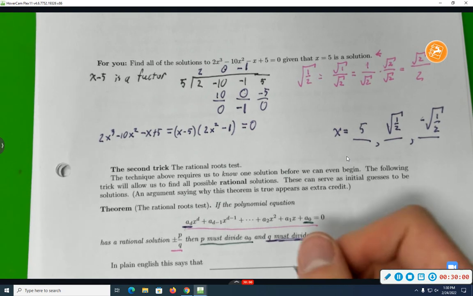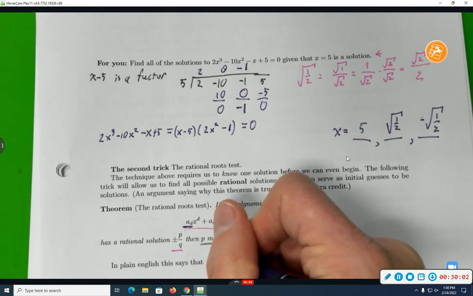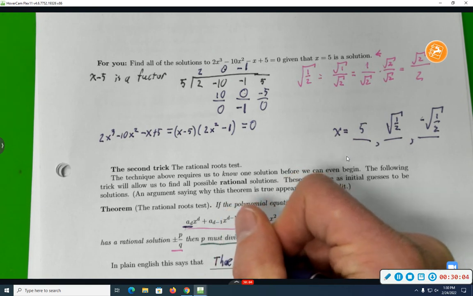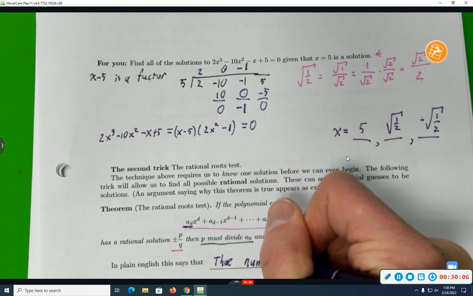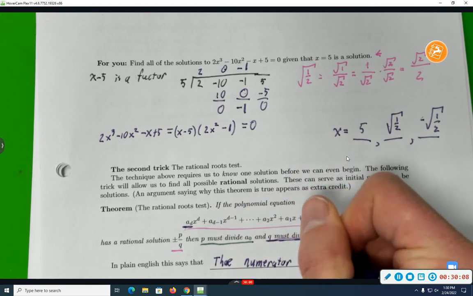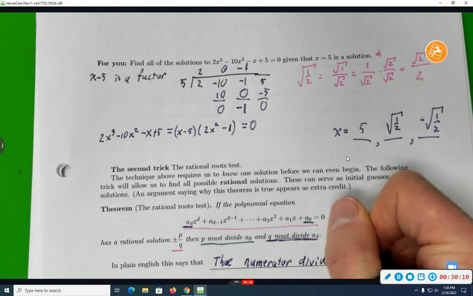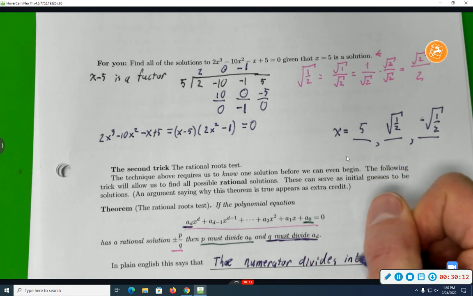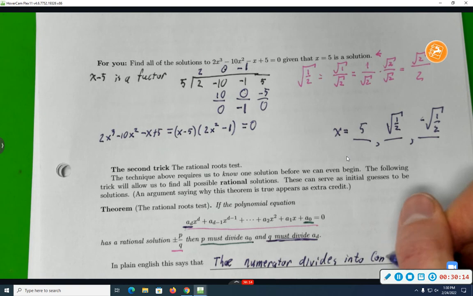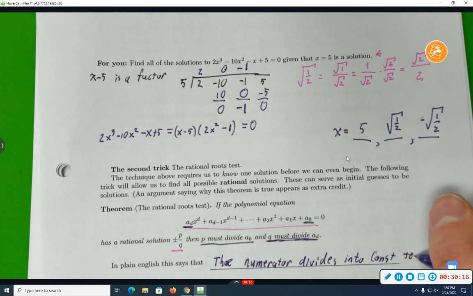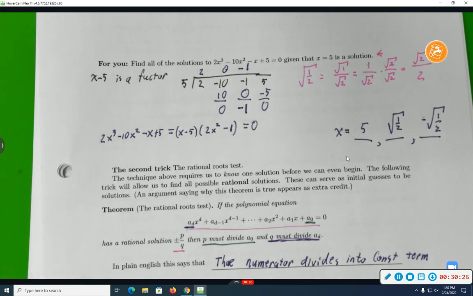So it says that the numerator divides into the constant term, numerator being the fancy word for the thing on the top of a fraction, and the denominator, oh, my color coding is exactly backwards.